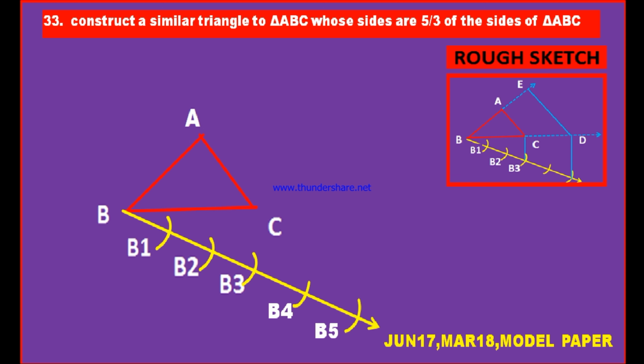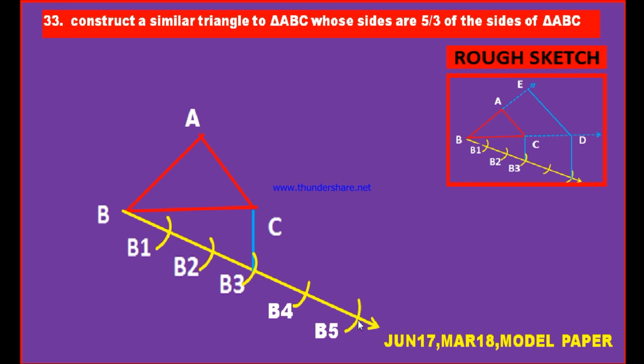After that, look at the denominator. In 5/3, what is the denominator? The denominator is 3. Therefore, join the denominator point, that is the third point, to the vertex C. Join B3 to C. Now, the numerator is 5.